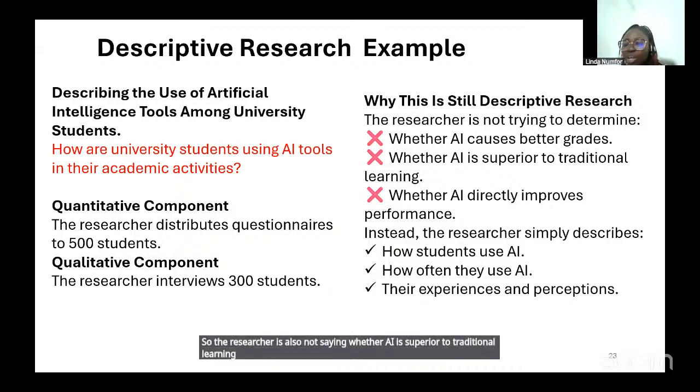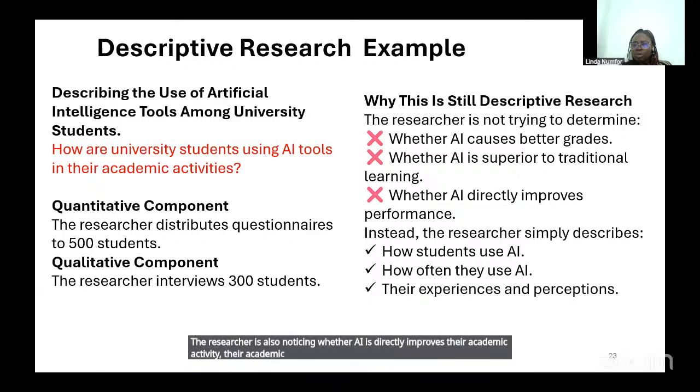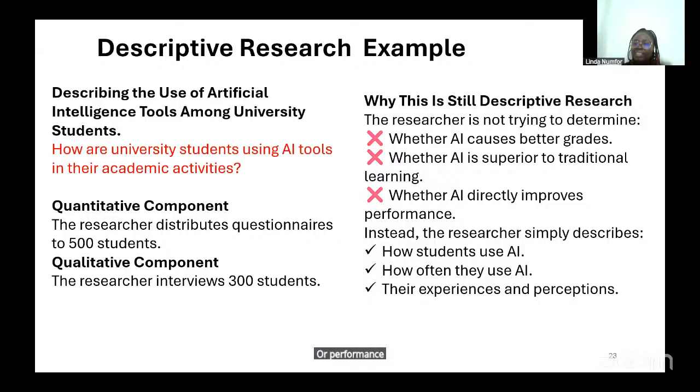No, he was not comparing that. The researcher is also not saying whether AI directly improves their academic results or performance. Instead, the researcher wants to study the use of AI, how often AI is used, and their experiences and perceptions of how the students are using it.